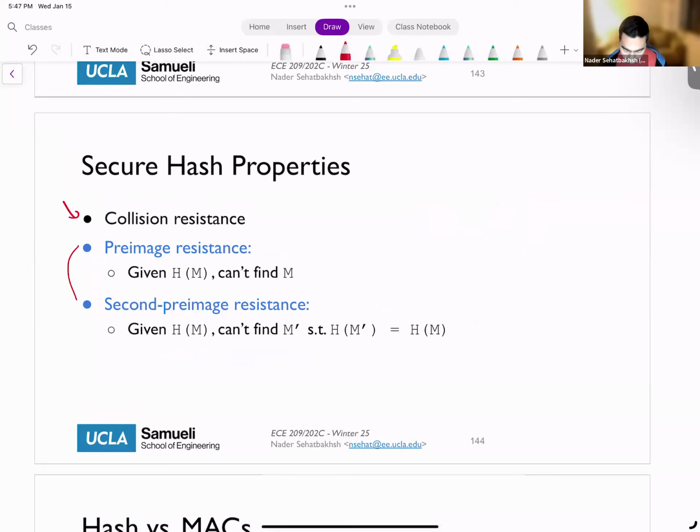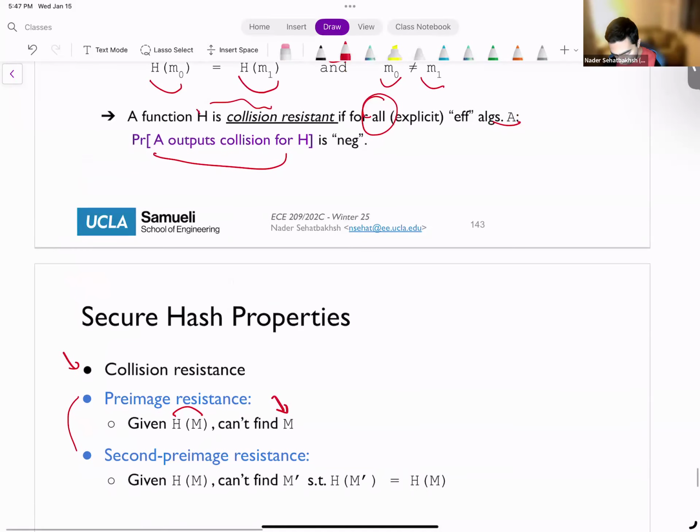There are also other properties of secure hash functions. Some of them are common to all hash functions, some of them are not. Typically, a secure hash function has these other features called pre-image resistance and second pre-image resistance. Pre-image resistance basically says that if I know the hash, I cannot find the message. Okay, so knowing the hash, it's very difficult for me to find the message. Actually, you can prove pre-image resistance using this. I'm going to let you think about it.